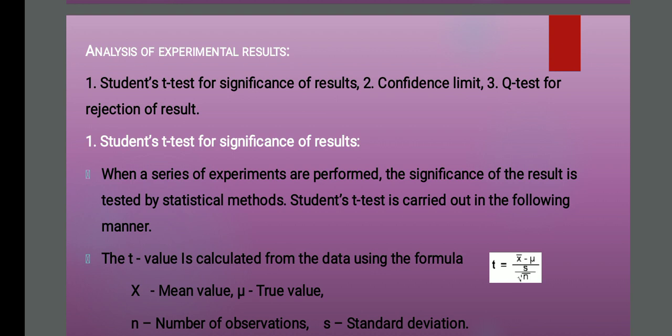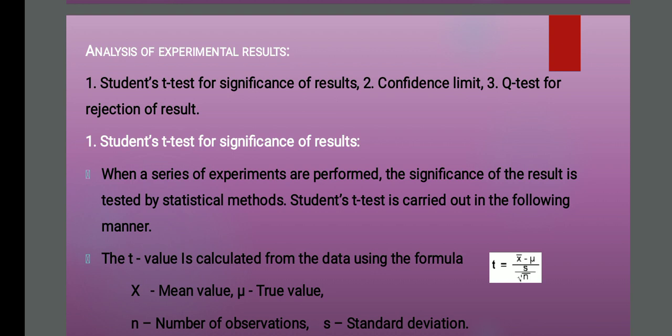To do the student's t-test, after doing the experiment, you substitute the values in the formula we have for the t-test. The formula is t equals x bar minus nu, divided by s, the whole divided by square root of n, where x bar is the mean value, nu is the true value, n is the number of observations, and s is the standard deviation.